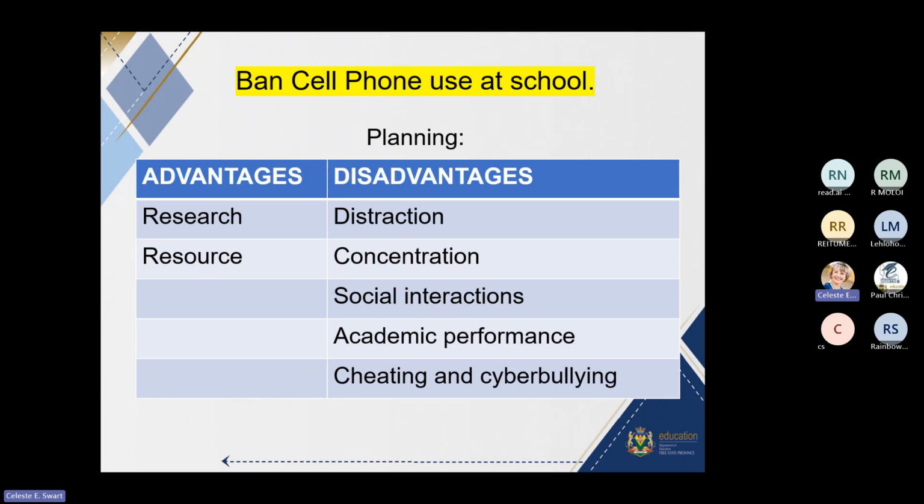What are the disadvantages? We have distraction. You can be distracted in the class, that you don't pay attention. It affects your concentration. It affects social interaction, because what happens now? If you have a cell phone, you're not speaking to people, you're not getting to know people, you're not interacting with other learners.